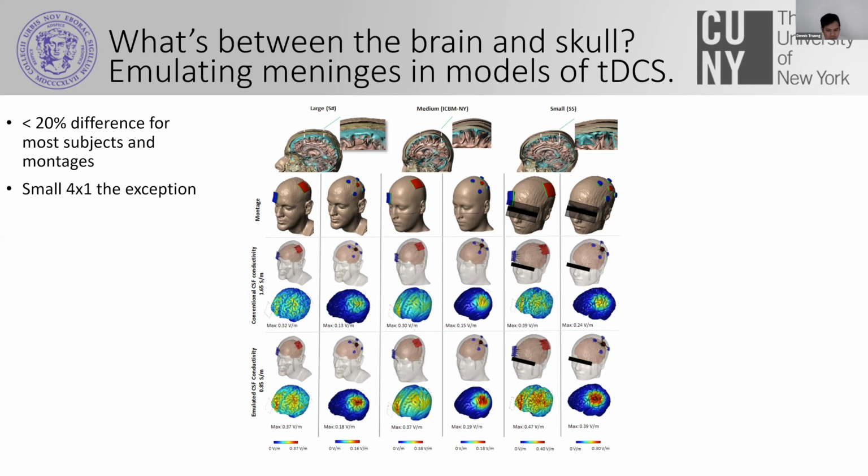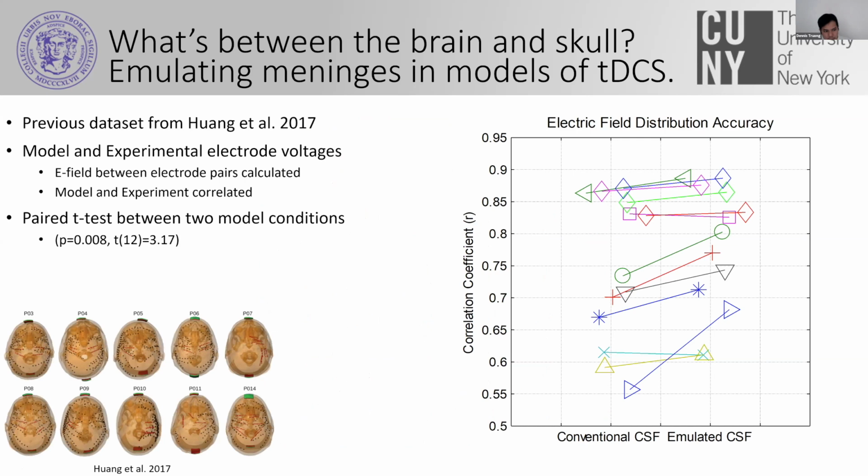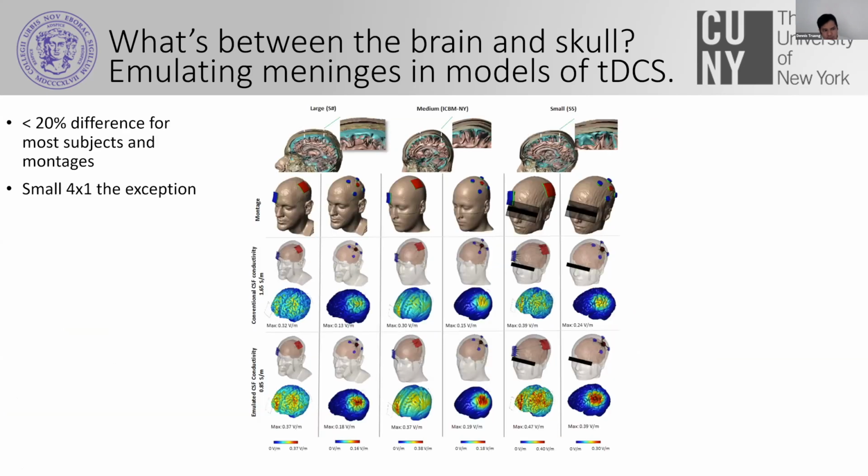It was usually less than about 20% between the conventional value and the emulated value. Usually this wouldn't be a clinically significant change. I think most clinicians won't change a montage because there's a 20% difference. Typically we see that from subject to subject.